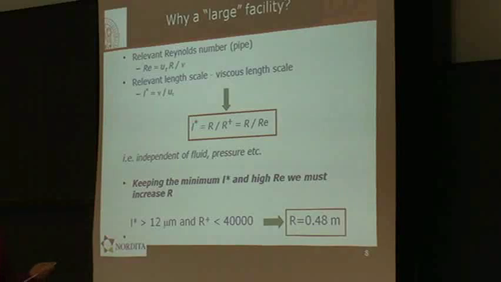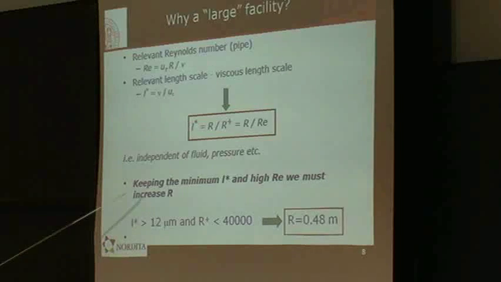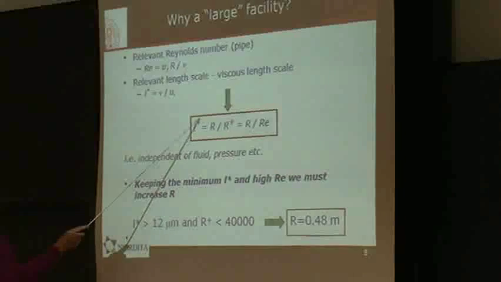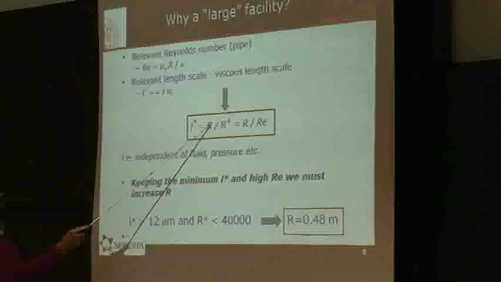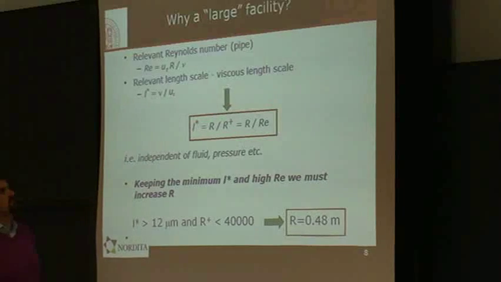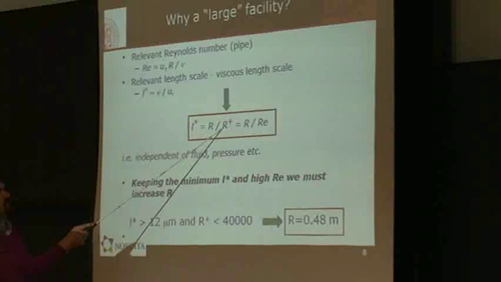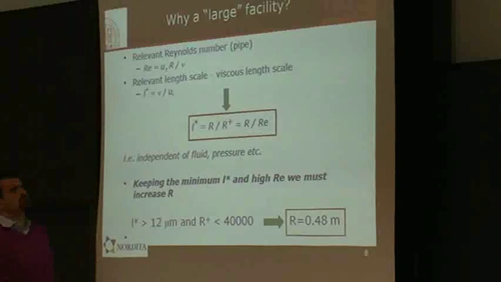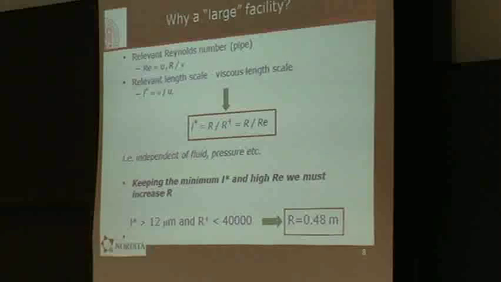It's easy to show that the viscous scale is equal to the ratio between the pipe radius, we are still referring to the pipe, and R plus. So it's equal to the ratio between the radius and the Reynolds number.